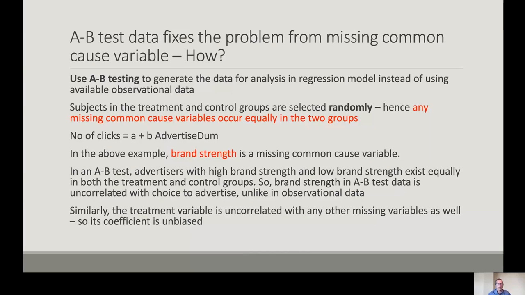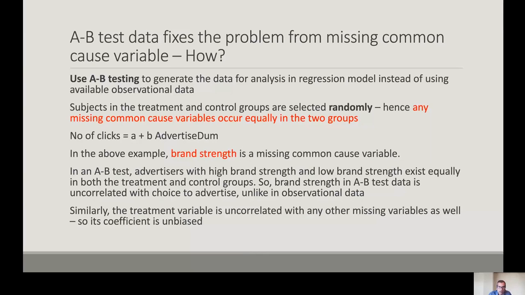And while we discussed this example of brand strength, imagine any X variable that was a missing common cause variable. The same logic that we have discussed right now would apply, just because of the fact that the treatment and the control group are balanced on all variables that you can think of. These variables can be known, or they can be some unknown variables that have not been imagined.